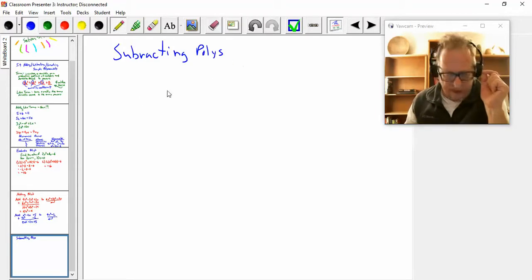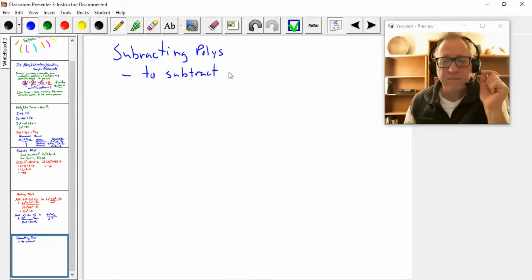I'm going to add, not a trick, but I'm going to say to subtract polys, we're going to change all of the signs to the opposite sign.